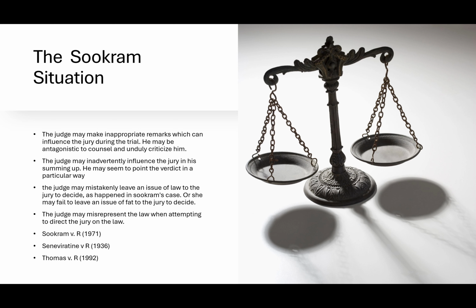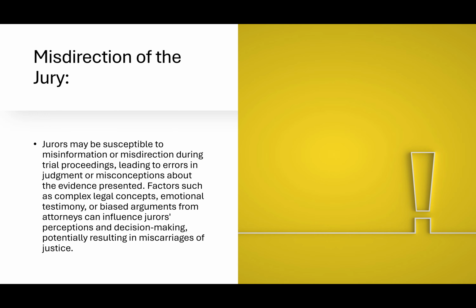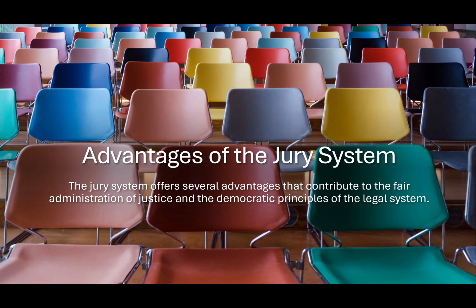These issues are seen in Sukram v R 1971, in Senevertine v R 1936, and Thomas v R 1992. So we have generally those cases for any type of misrepresentation or misdirection of the jury.